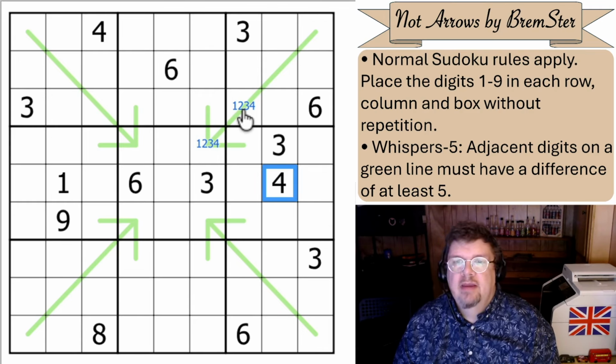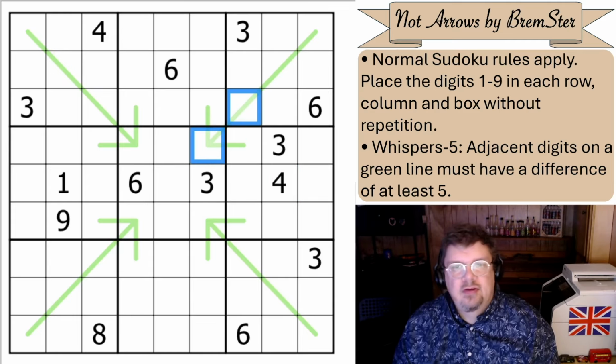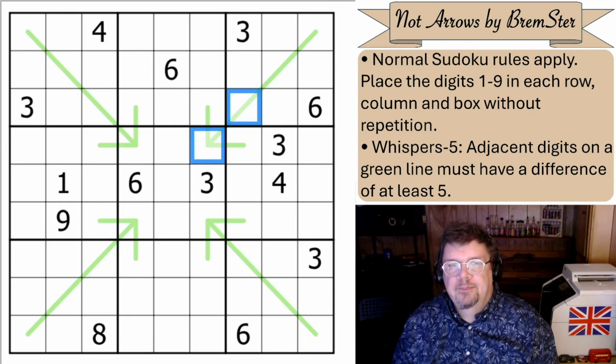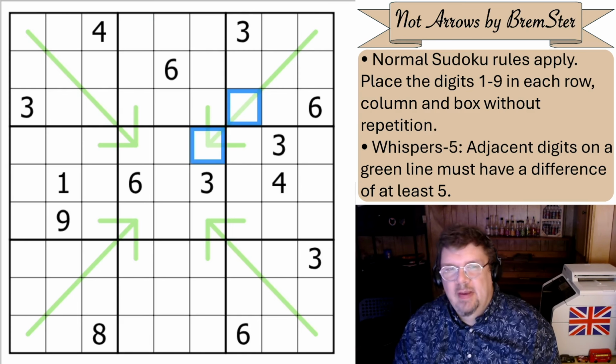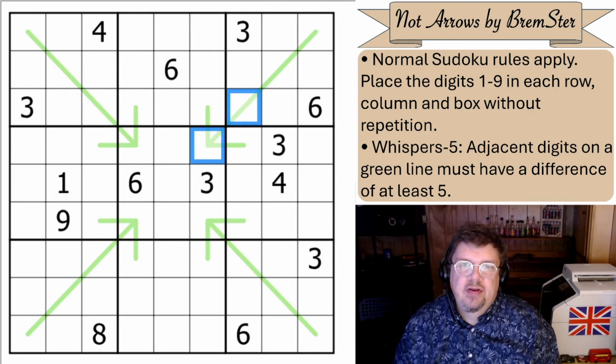But I'm required a minimum difference of 5. Likewise, if I put 6, 7, 8, 9 next to another 6, 7, 8, 9, the maximum difference there would be 3, but I'm required a minimum of 5. So they're going to go above 5 and below 5, alternating along the line.